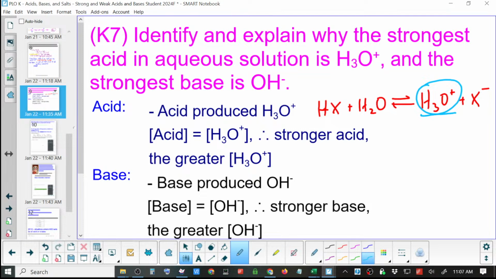Similarly for OH-, if we have, let's go B, because we don't need any more than that, plus water, what does the average base produce? OH-.